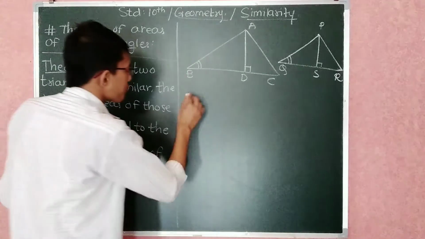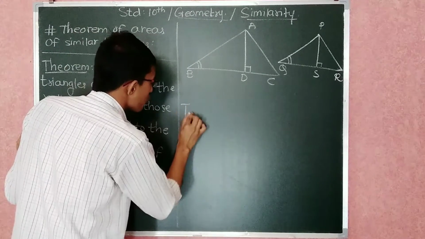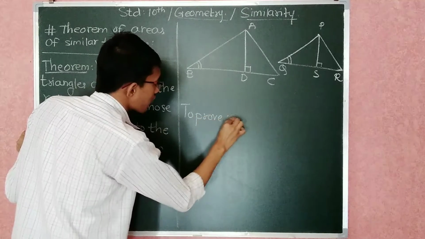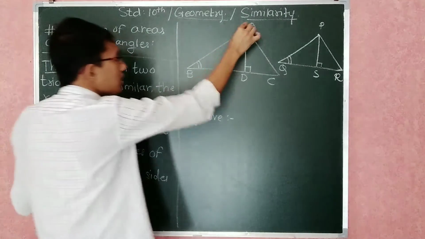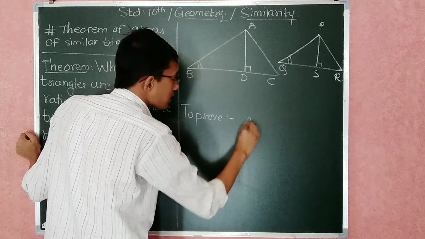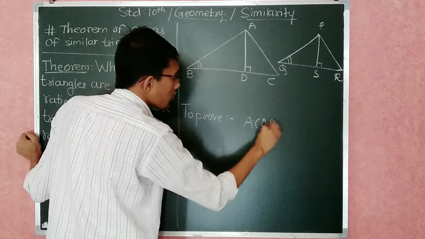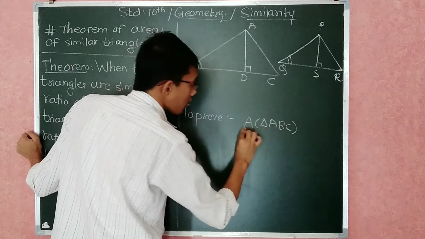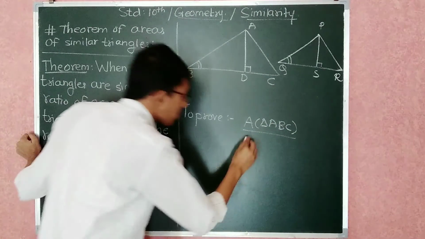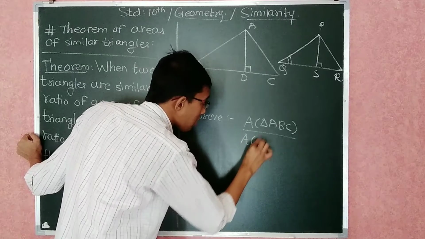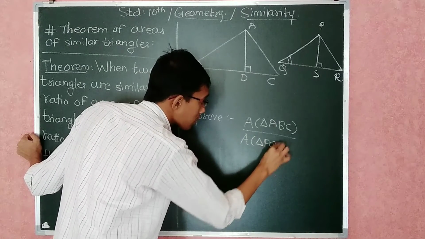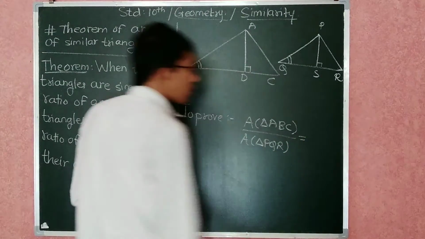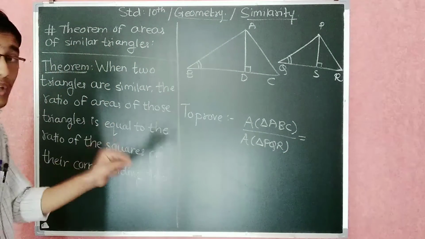So, what we have to prove is that the area of triangle ABC upon area of triangle PQR is equal to the ratio of the squares of corresponding sides.